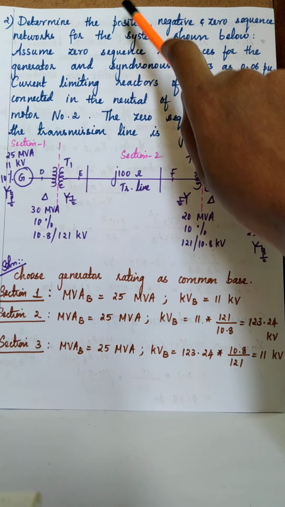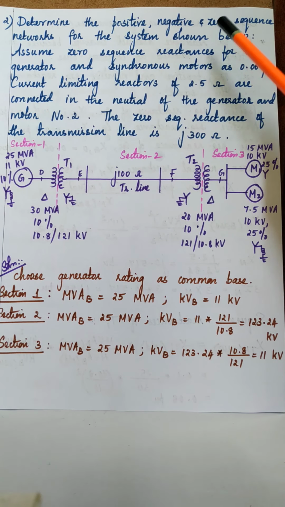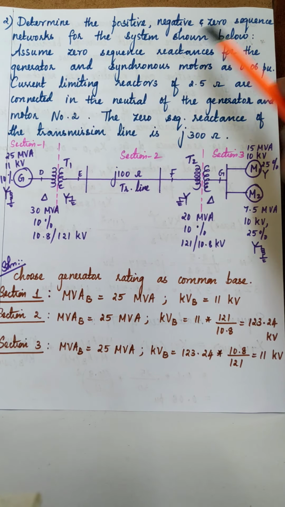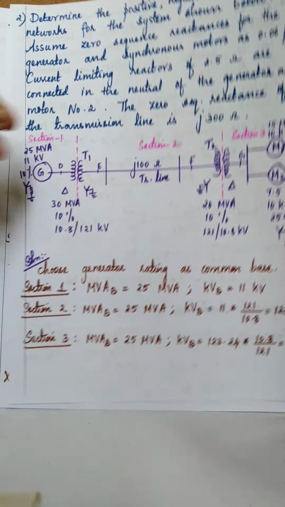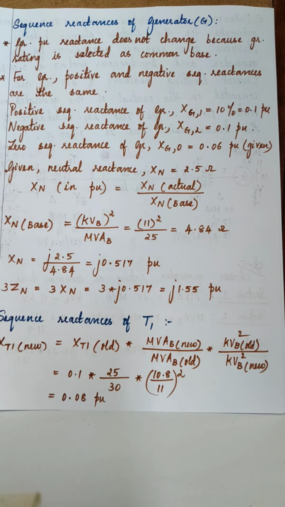Reactances of generator 1. Here you are concerned about positive, negative and zero sequence network. Whatever procedure you followed in module 1, the value of the new reactance is for the positive sequence reactance of generator G. We have chosen the generator rating as the common base, so there will not be any change in the per unit value.